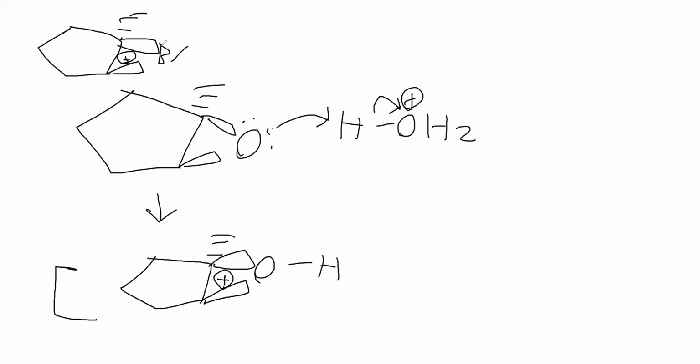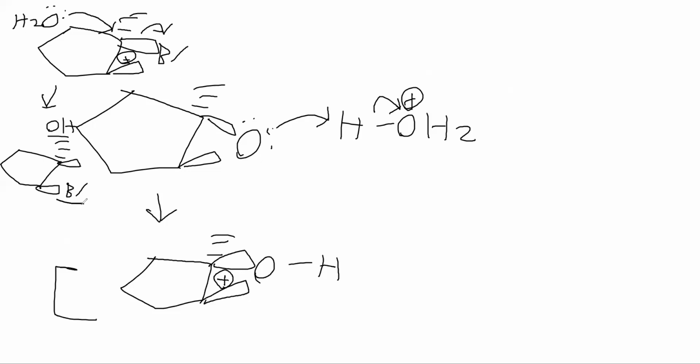And when we had Br like this, you will hopefully recall that when we were adding Br2 and H2O, the water would attack the Markovnikov position and break that bond. And that led to a trans product.